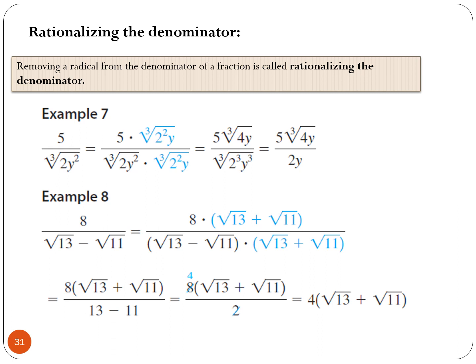Now another situation where you want to rationalize an expression that has radicals is this example. Example 8. We want to rationalize the denominator. The expression here is 8 divided by the cube root of 13 minus the cube root of 11. To get rid of the radicals in the denominator, remember the formula we had.